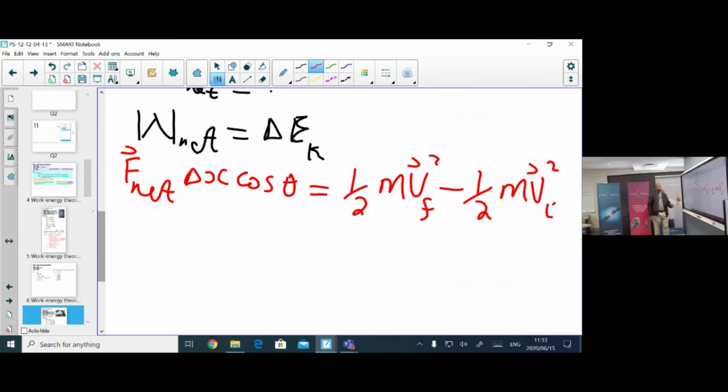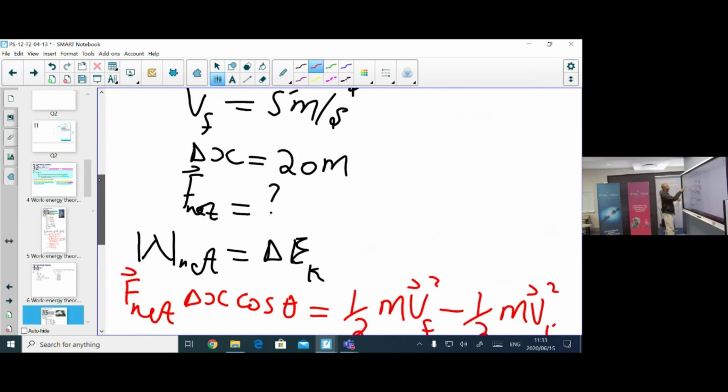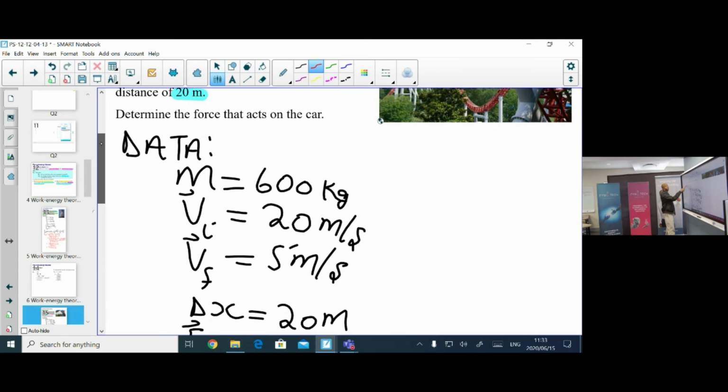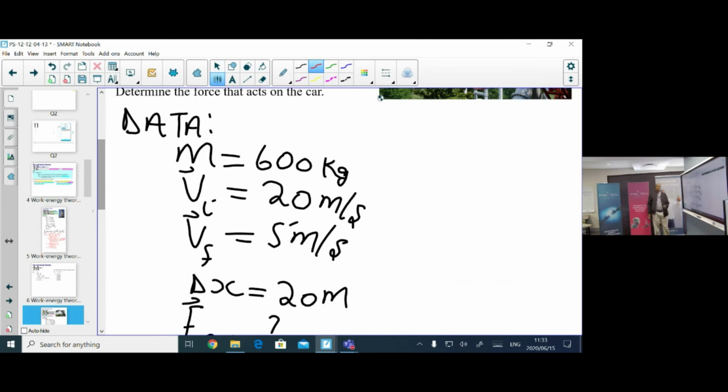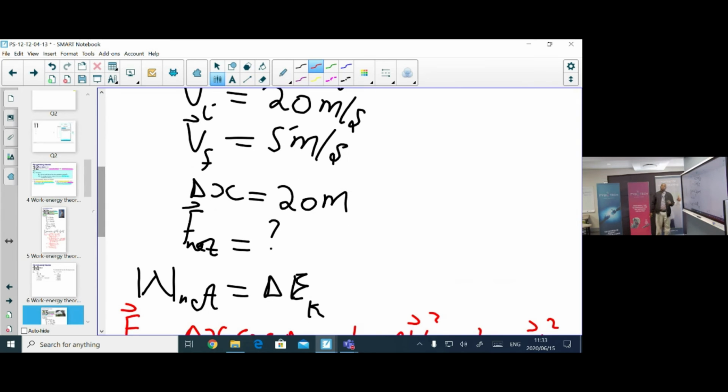Okay, if you can look at that, we have to substitute now. Before we get there, we have to make this F net. Let me check. What are they looking for? Determine the force that acts on the car. In other words, we have to make the force the subject of the formula. Okay.